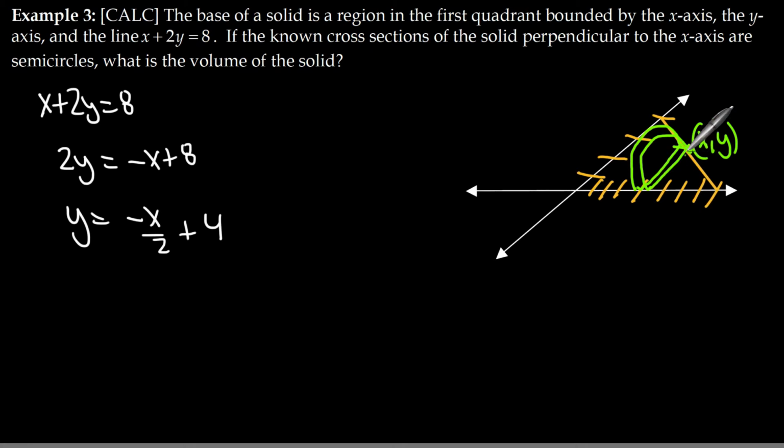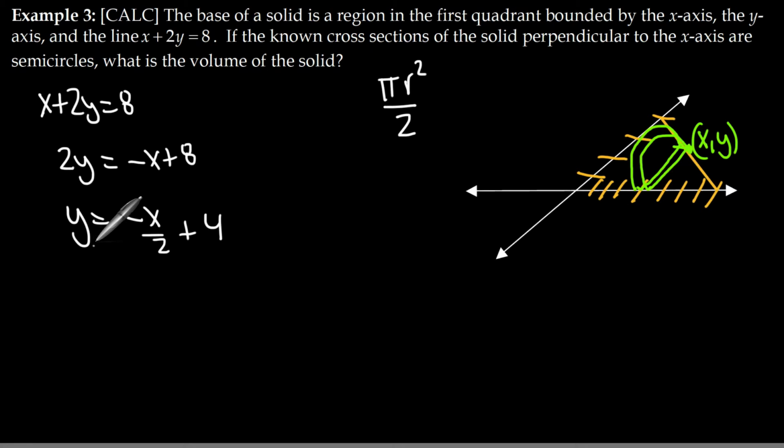Now, remember the formula for the area of a semicircle is pi r squared divided by 2. All right, so the diameter of this particular semicircle is the letter y. That's the diameter. We need to divide that by 2.